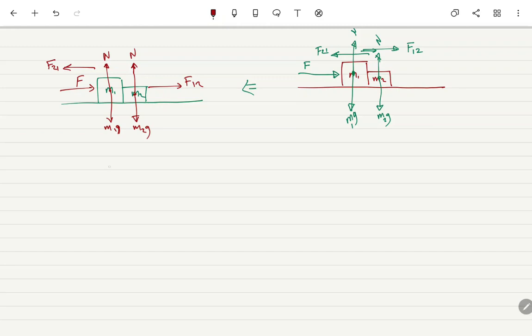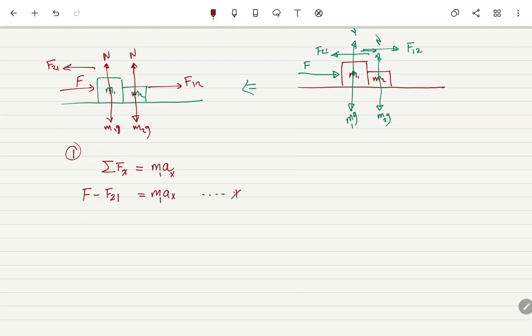Sum of all forces, let's take system number 1. The sum of all forces on x equals m1a, let's name it ax. On x here we have F and F2 on 1. So F minus F2 on 1 equals m1ax.